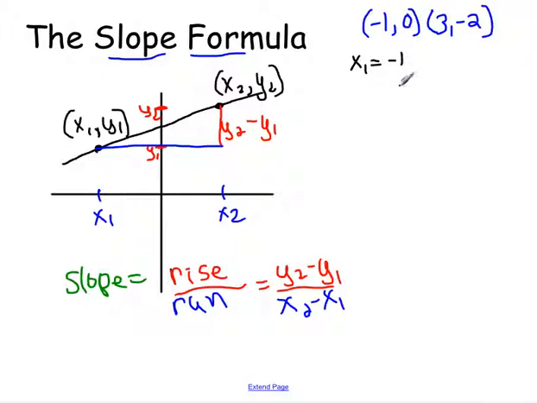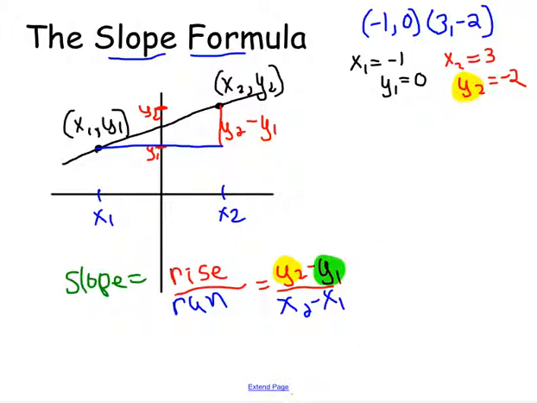This is y sub 1, so y sub 1 is going to be 0. And then over here, x sub 2 is going to be 3, and y sub 2 is going to be -2.